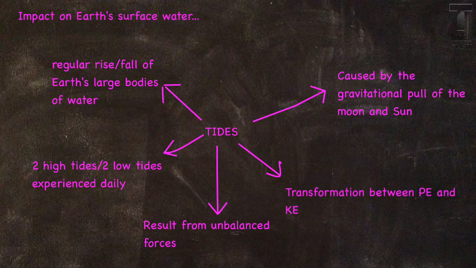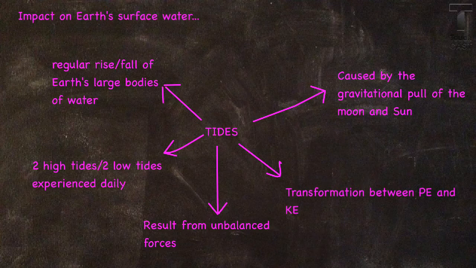So what kind of impact does this have on the Earth's surface water? Well, that's where we're going to get our tides. Tides are the regular rise and fall of Earth's large bodies of water. So this could include things like lakes, but then also the ocean. And tides are basically caused by the gravitational pull of the moon and the sun on the Earth's water. Tides are going to result from unbalanced forces.